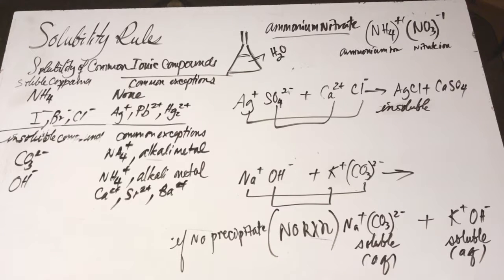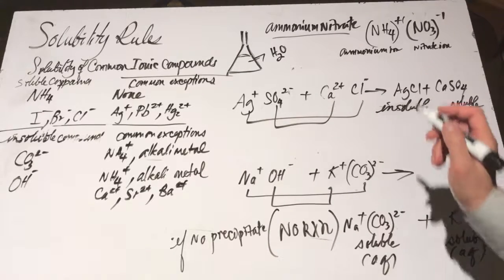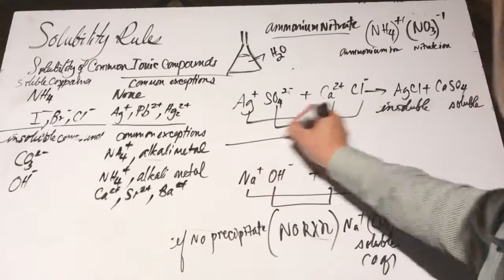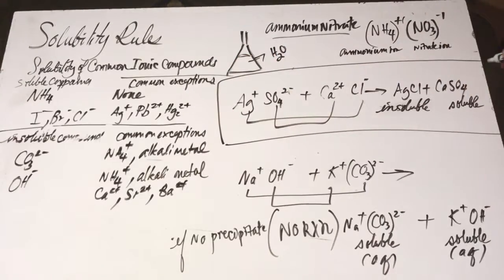Sulfate ions in general are soluble, so this one makes it soluble. So you're going to have to write down that this has a reaction. And we're going to have to balance the chemical equation. This will be an example of how we balance chemical equations. You're going to have to balance the chemical equation yourself using the prior knowledge that you have.